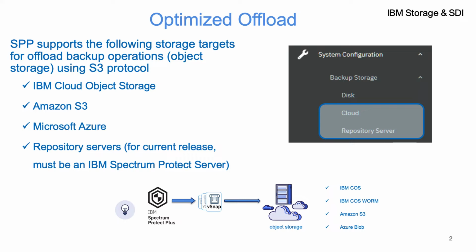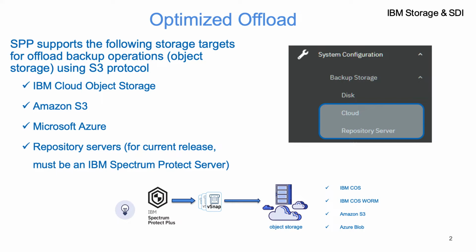The best news is that with this version of Spectrum Protect Plus, you can quickly recover from either your higher speed tier, which is vSnap in this diagram, or your cost optimized tier, which is the object storage in this case. Now we have enabled two offload classes.